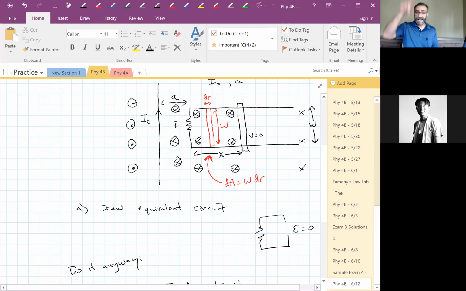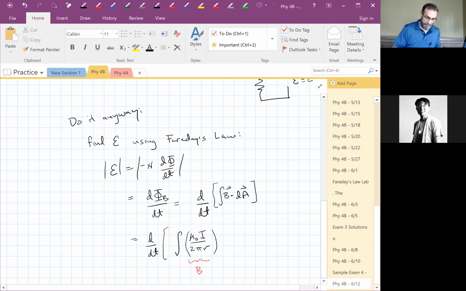But B does not change along the length of the wire. So that can be as long as we want. B is constant over the length of the wire. Okay, so where are we? W dr, that's my dA. And what am I integrating from?